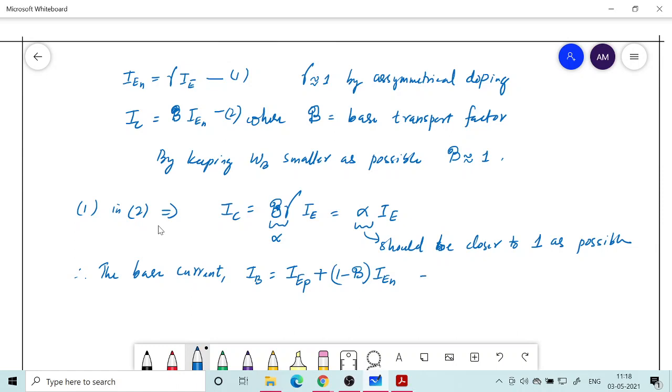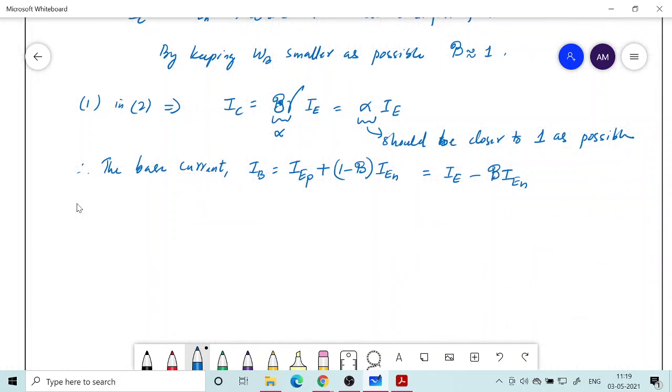And so if you rearrange and expand this, there is an IEN plus IEP, which is our IE, and minus curly b IEN. Okay, so we got IB. Now we would like to see the ratio IC by IB, which is a very important parameter for a transistor.